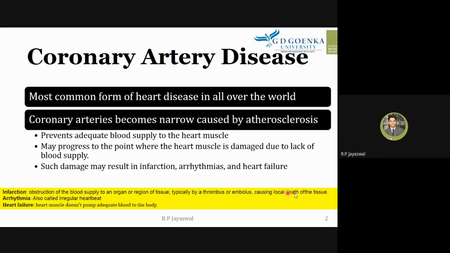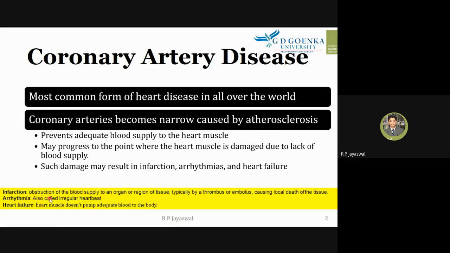Infarction may occur because of the coronary artery which has become narrow, caused by atherosclerosis. That narrowing can further obstruct the blood supply to an organ.